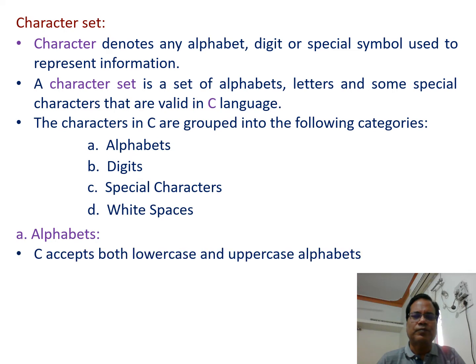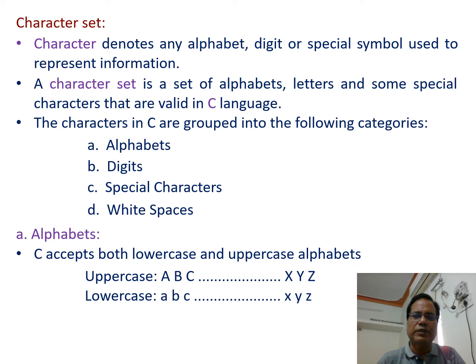Alphabets: C accepts both lowercase and uppercase alphabets, and we are familiar with these. Uppercase letters from A to Z, lowercase letters from a to z. Digits from 0 to 9.